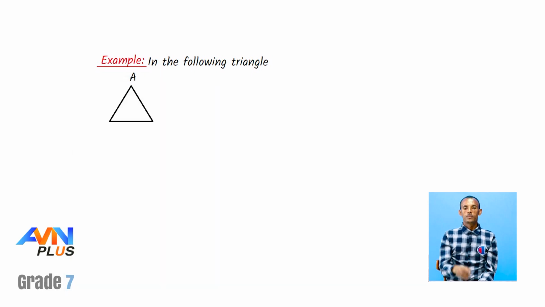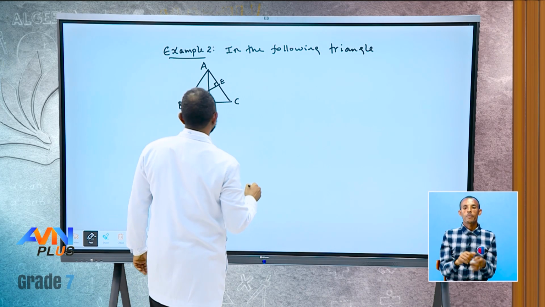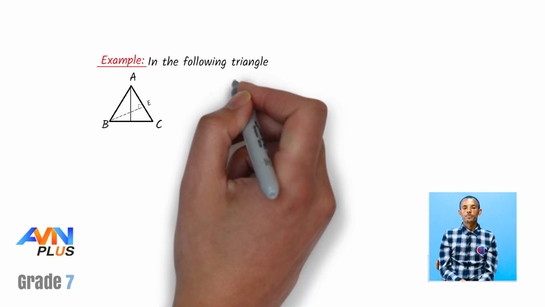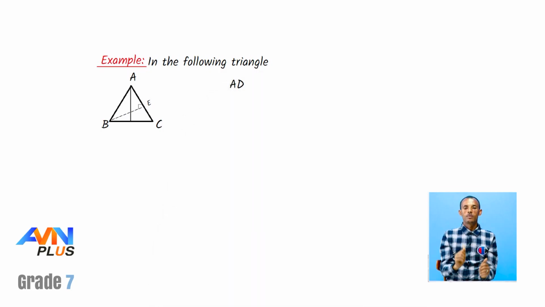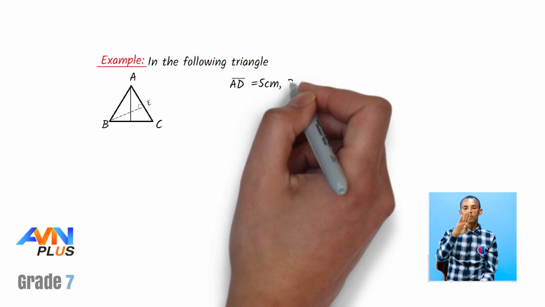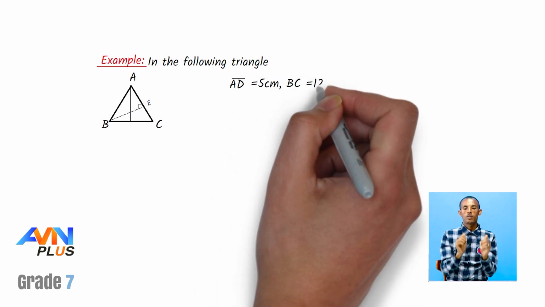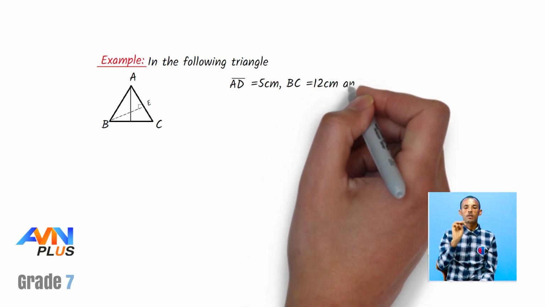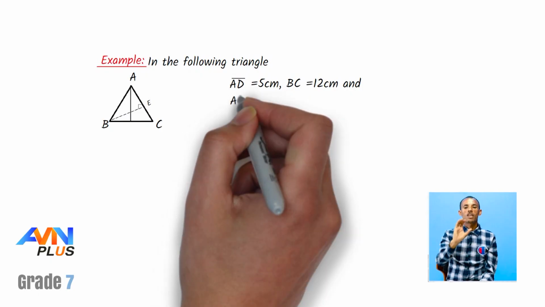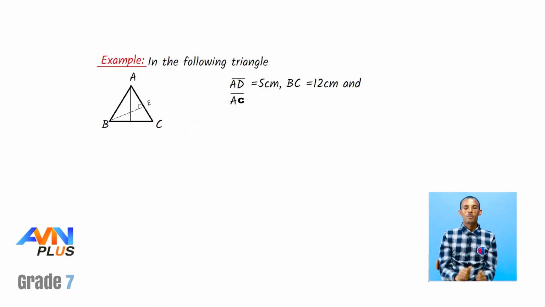Assume it is A, B, C. Assume this to be E, and this one is D. AD is equal to 5 centimeter, BC is equal to 12 centimeter, and AC is equal to 10 centimeter.